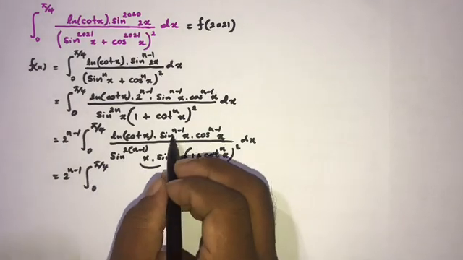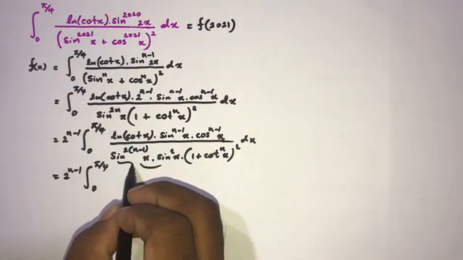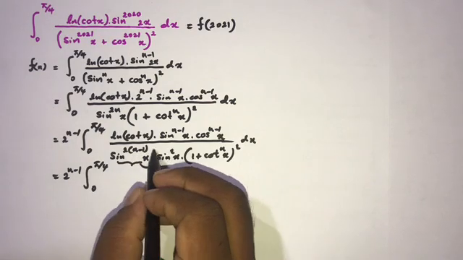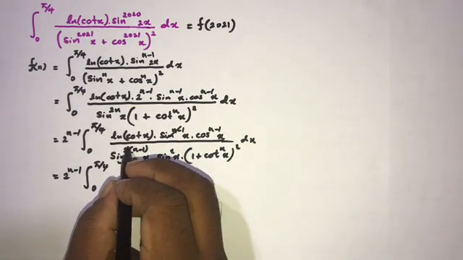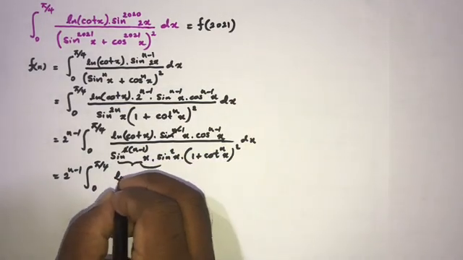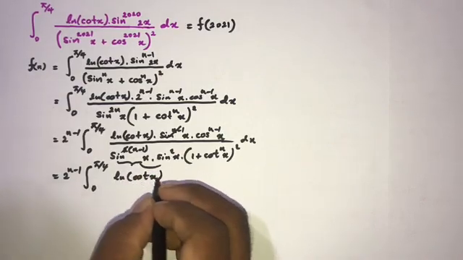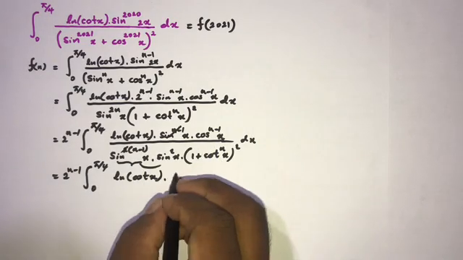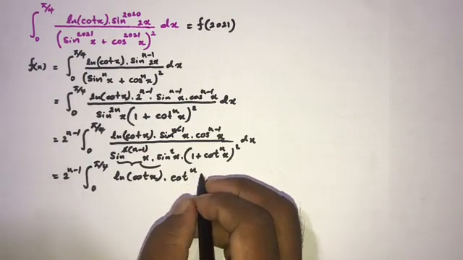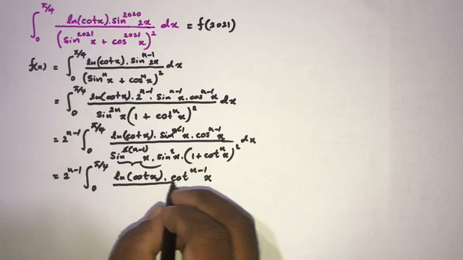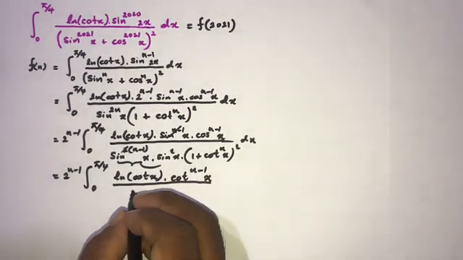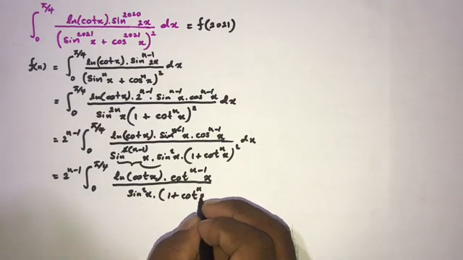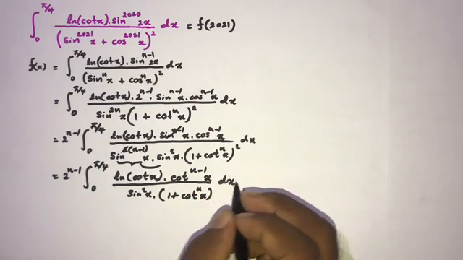Now sine to the n minus 1 of x cancels with one of the factors of sine raised to the n minus 1 of x, and we have natural log of cotangent of x times cosine over sine, so we can write cotangent raised to the n minus 1 power of x, over, in the denominator, sine square of x times 1 plus cotangent raised to the n of x, dx.